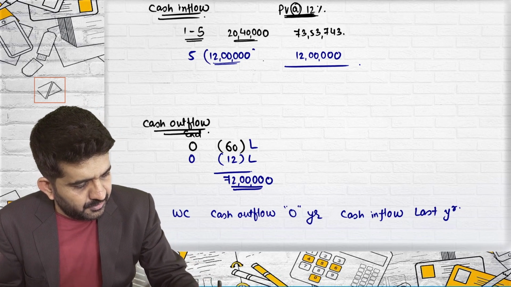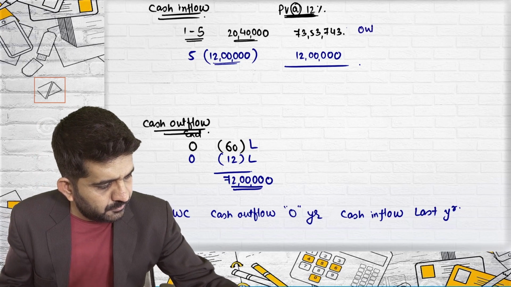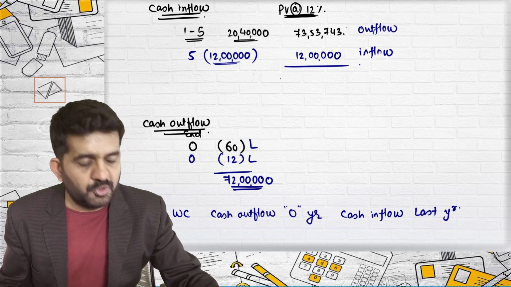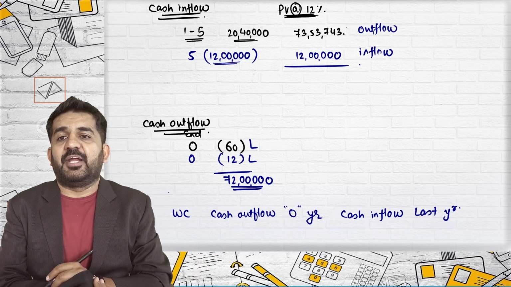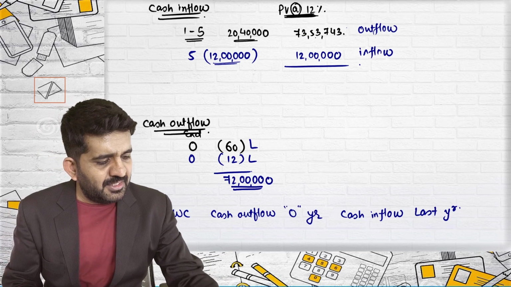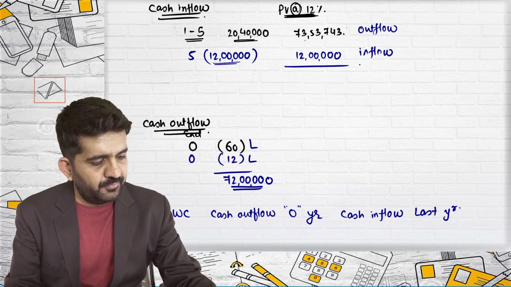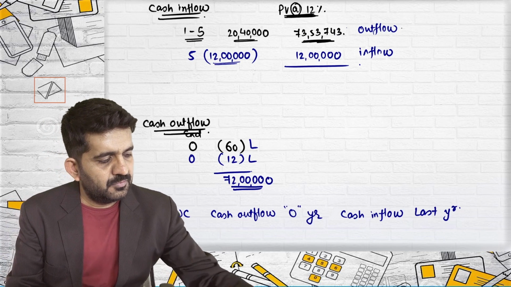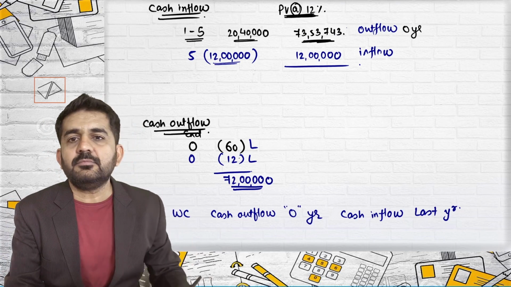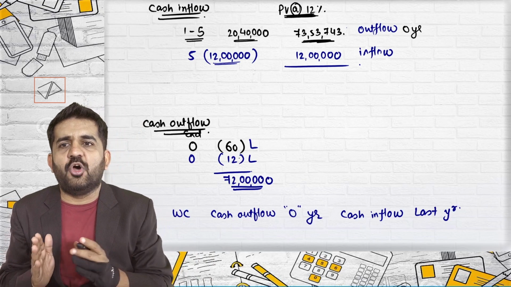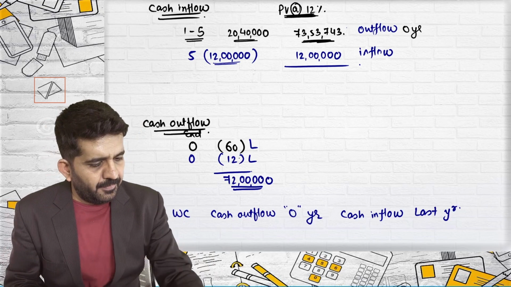It is cash inflow, right? Yes. So this is outflow. This is inflow. So I need to subtract it. But why I cannot subtract it? The 73 lakh 53,743 is at the end of 0 year. I have already found out present value. Present value means it is at the end of 0 year, right?